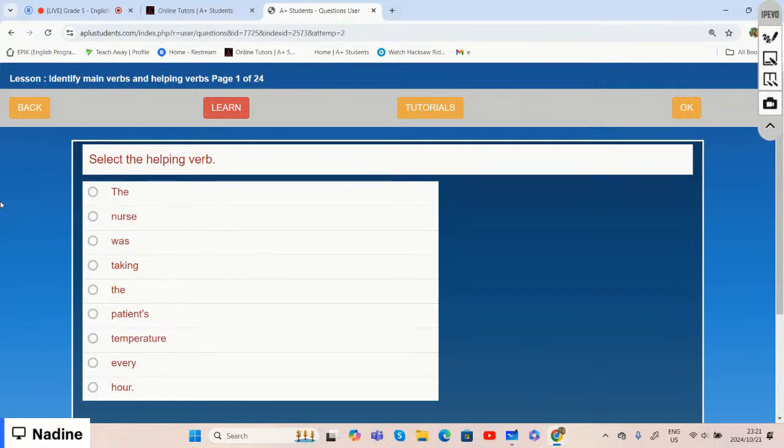Try to first identify the main verb and then the verb before or the word before the main verb is our helping verb.